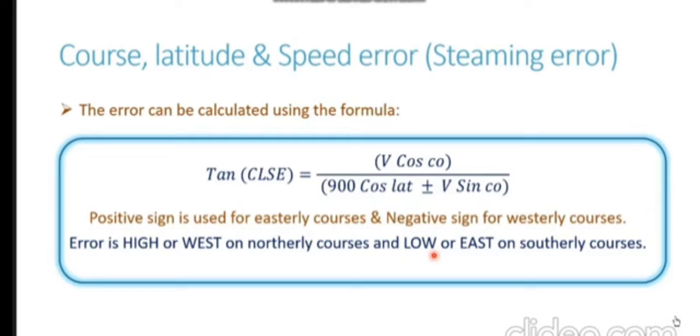You need to be careful about both these conditions because sometimes candidates get confused which component is used to decide which of the factors. So always remember, the easterly and westerly component decides the sign in the denominator, and the northerly or southerly component decides the sign of the error, whether it will be east or west, low or high.